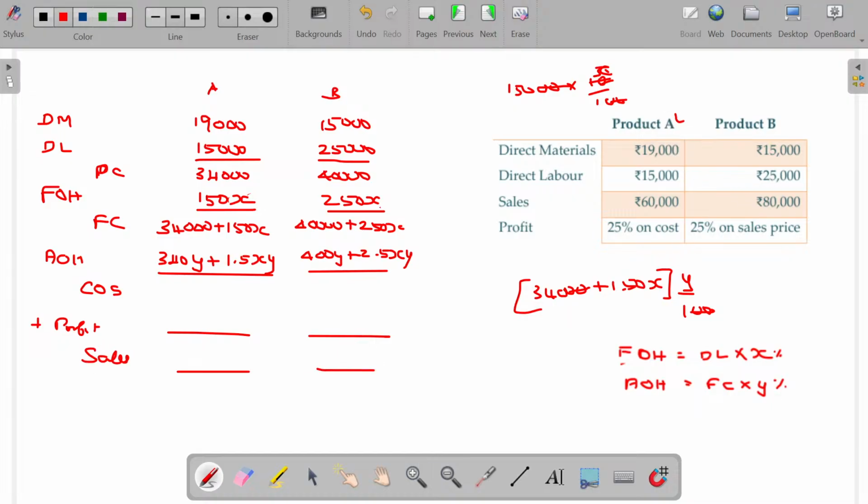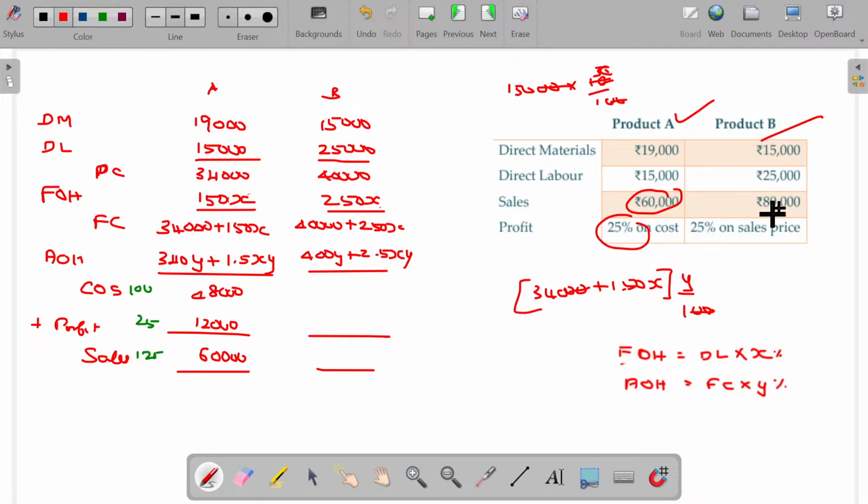In case of product A, sales being 60,000 and your profit being 25% on cost. If this is being 100, profit being 25 and sales should be 125. This should be 12,000 and this should be 48,000.